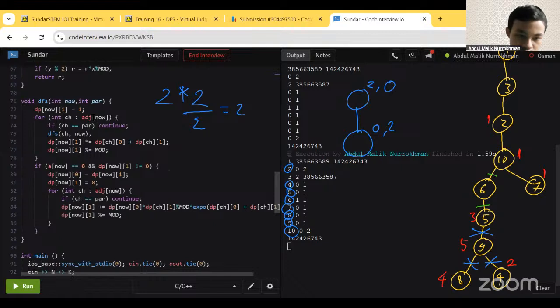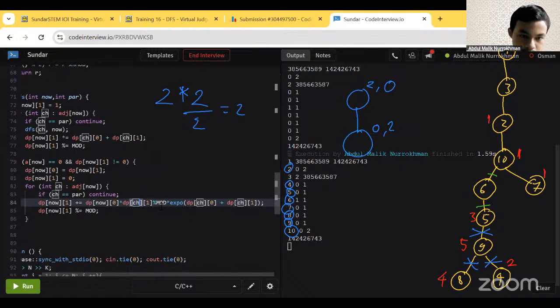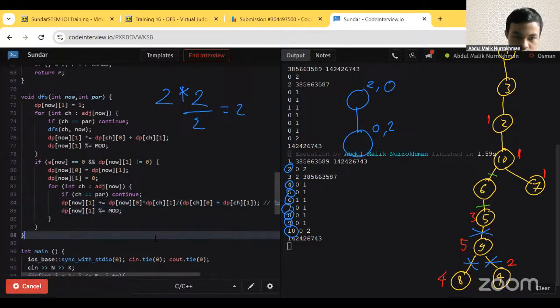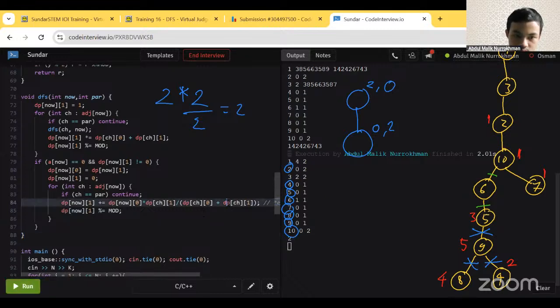And that's a prime number. What if I change it into this? Is it correct or not? Okay, the answer is 2.